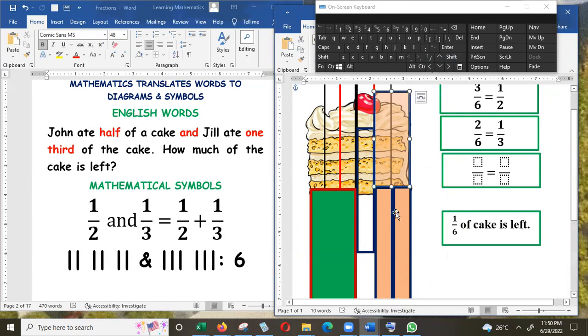So that's 1/3, which is 2/6. That's 1, 2, 3, 4, 5, 6. So 1/3 is 2/6. That's what Jill ate. And John ate a half, which is 3/6. So 1/6, that is what is left.